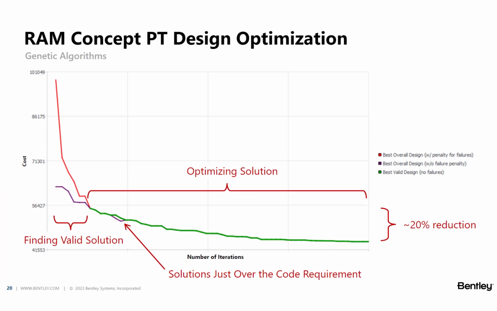This is a typical convergence chart for a PT optimization run in RAM Concept, and I feel that it offers a good visual of how the optimizer converges to an optimal design. In the early iterations, it is working to find a valid solution. A valid solution is one with no design code failures.